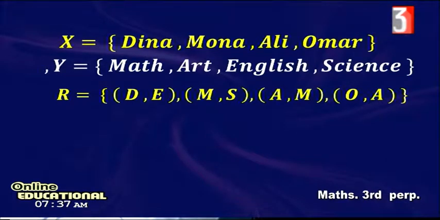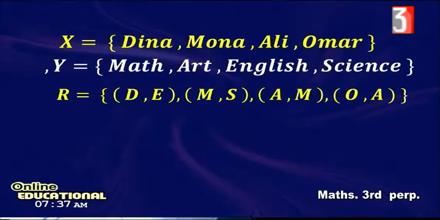Mona likes the science subject. So it is M and S. What about Ali? Ali likes math. So Ali, A with M. And finally, what about Omar? Omar likes art, so it is O and A.